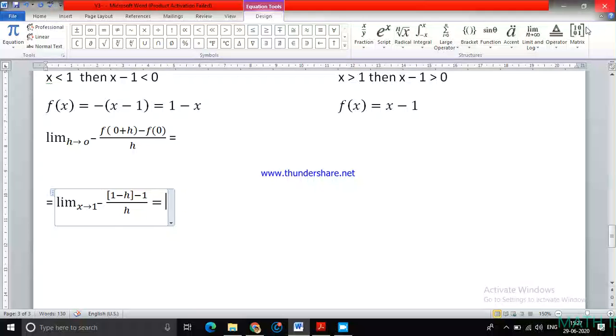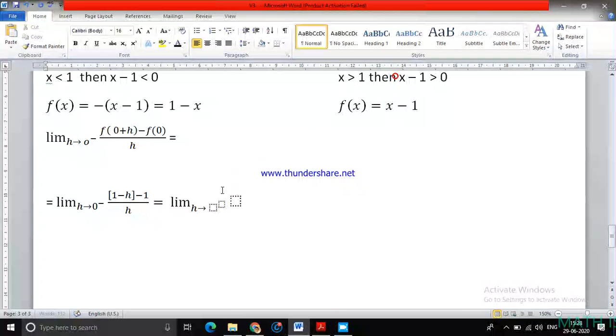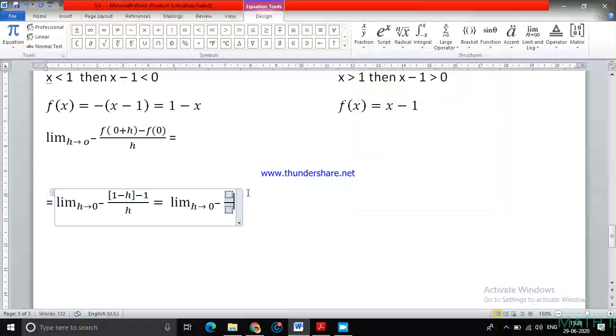If I go for further simplification, I will get limit h tends to 0 of a fraction. In the numerator, 1 and minus 1 get cancelled, so I have minus h upon h, so the final answer is going to be minus 1.